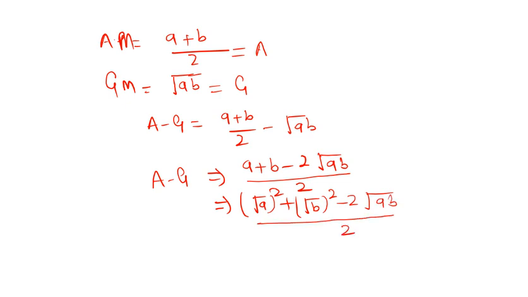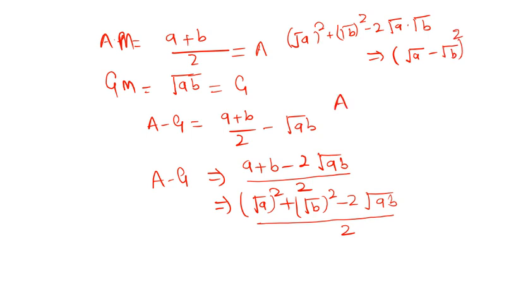If you see this term, square root of a whole square plus square root of b whole square minus 2 into square root of a into square root of b, this is nothing but (square root of a minus square root of b) whole square. So I can write A minus G, arithmetical mean minus geometrical mean, is equal to (square root of a minus square root of b) whole square divided by 2.